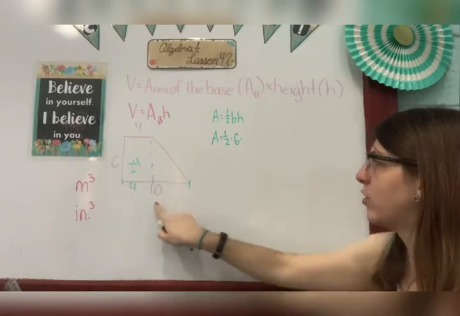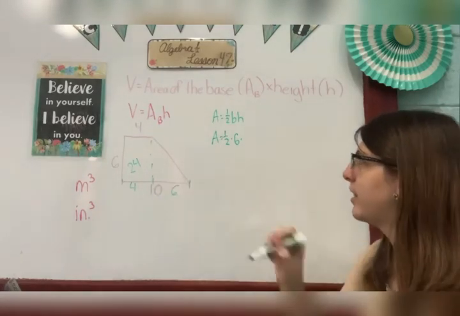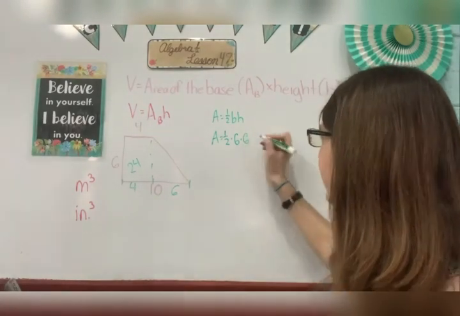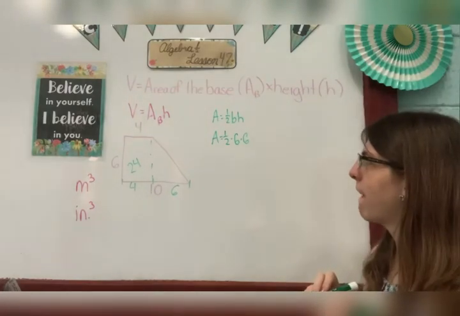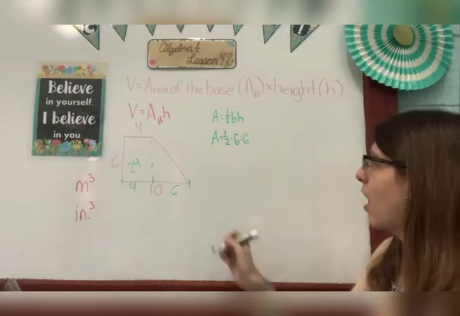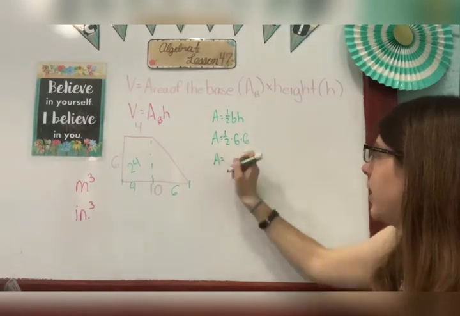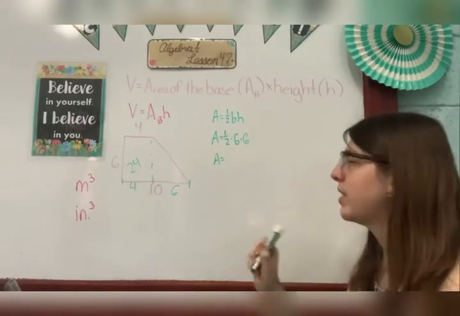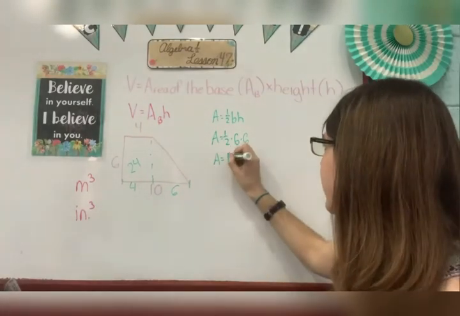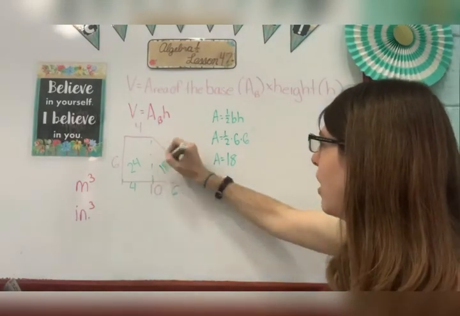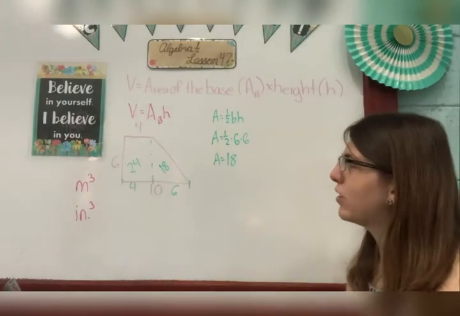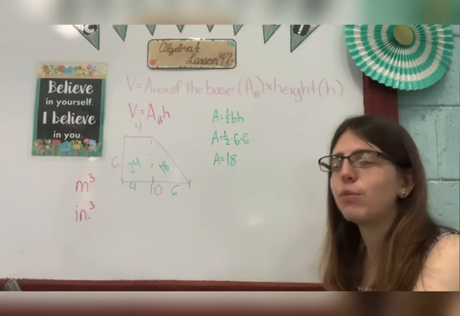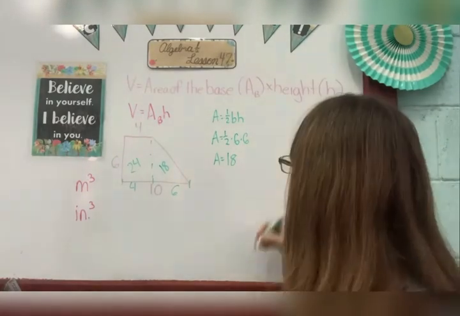Altogether, it's 10. So 10 minus 4 is 6. So my height is 6. Or excuse me, my base is 6. All right, so the area for the triangle is 1/2 times 6, which is 3, times 6, which is 18. So that's 18. Altogether, my area is 24 plus 18, which gives me 42.